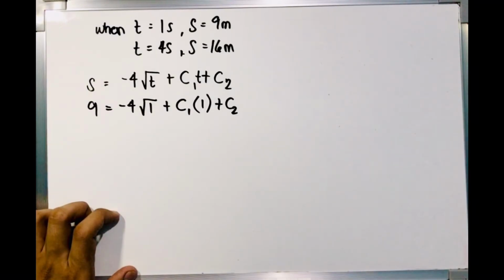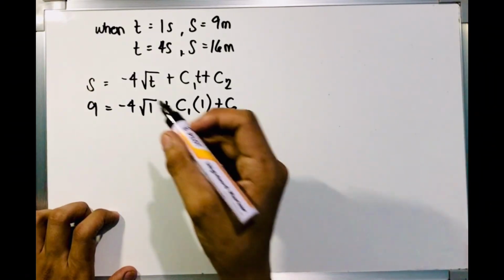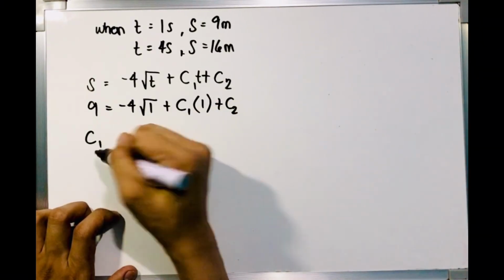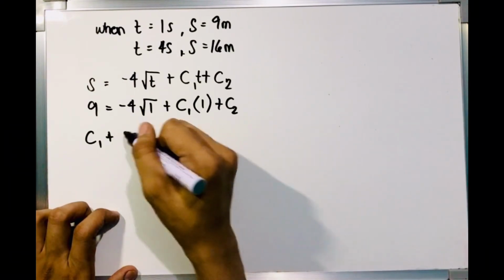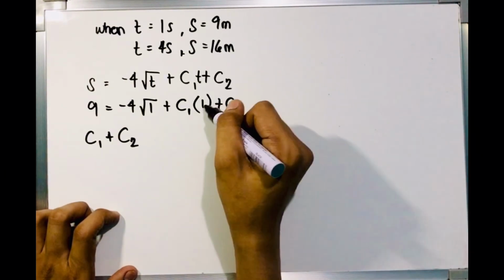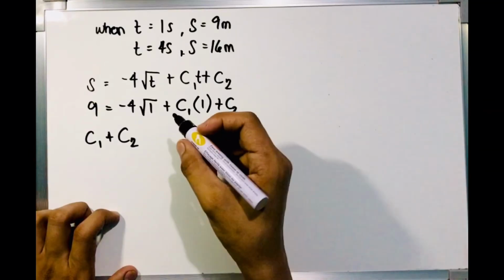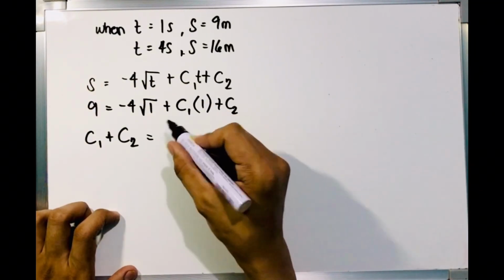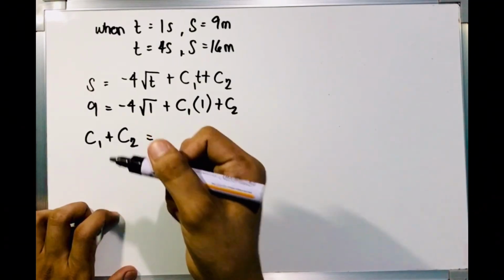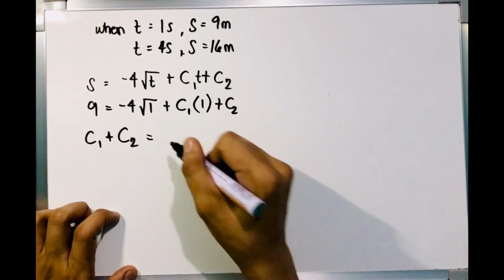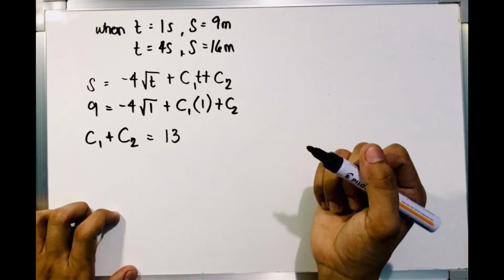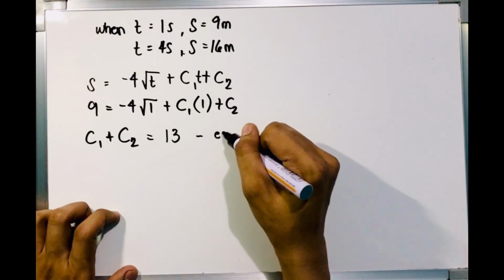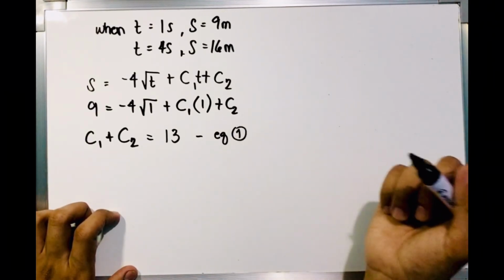Ilalagay ko na lang sa kabilang side yung c1 and c2. Okay? So we will get c1 plus c2, diba? Kasi c1 multiplied by 1 is just c1, is equal to, ilipat natin yung negative 4 sa kabila at magiging siyang positive. And then 9 plus positive 4, that's equal to 13. Okay? So this will be our equation number 1.